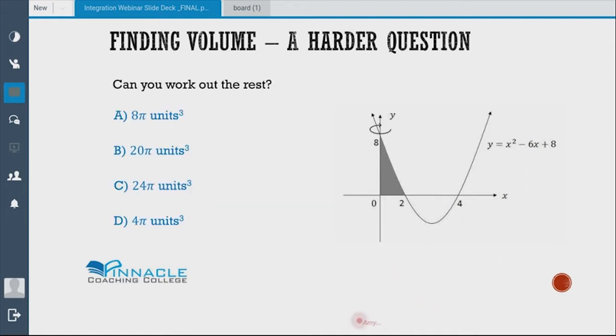Okay, I'm just going to put up the next slide, which has all the options, so you can check against the options. And I'll put up a poll in a minute just to see what everyone got.